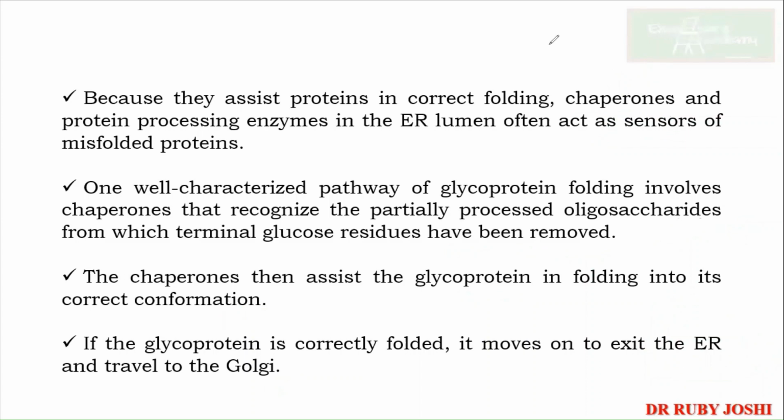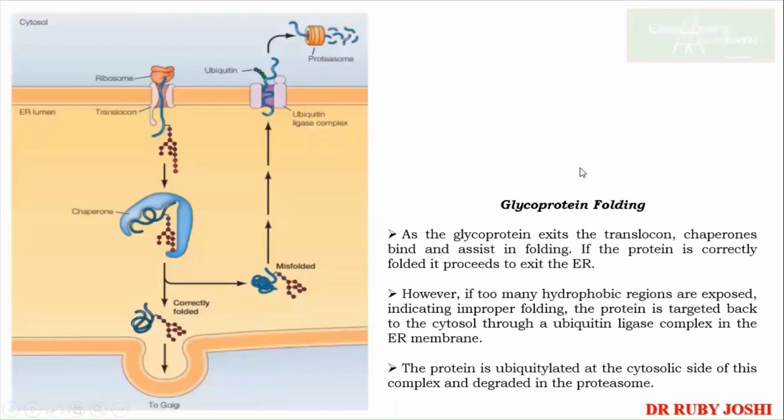Now we need to talk about how these proteins help. In the case of glycoprotein folding, as you see, the ribosomes are there, translocation occurs, and your protein is present over here. From the dolichol, the 14 sugar oligosaccharide is transferred to your protein. Can you see how beautifully this chaperone makes interactions with the protein as well as the sugar moiety?